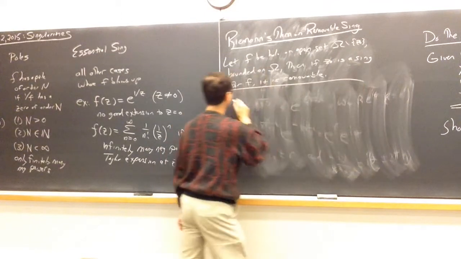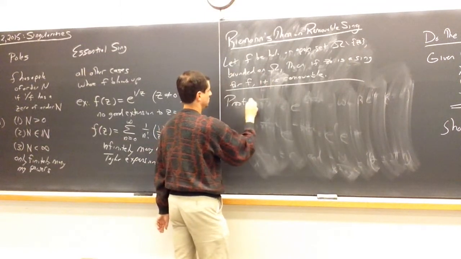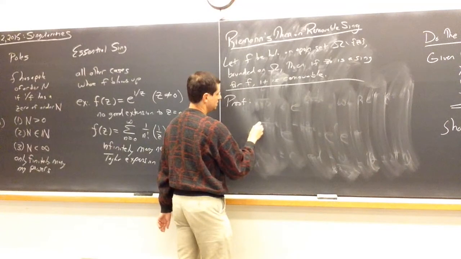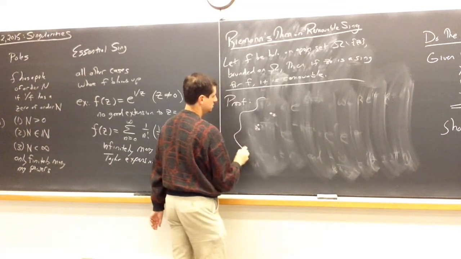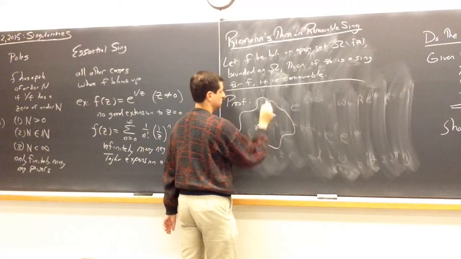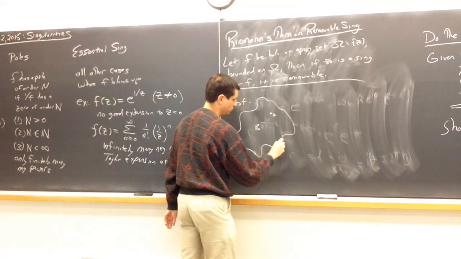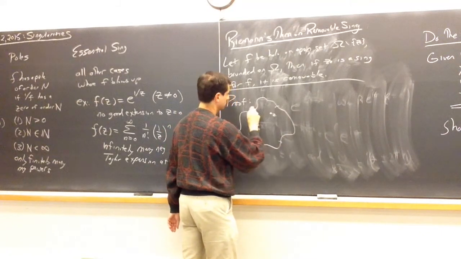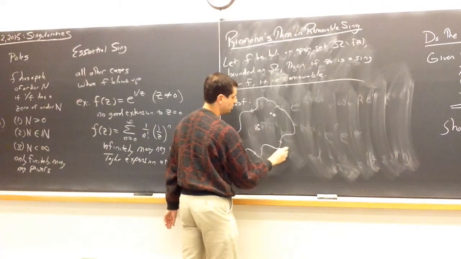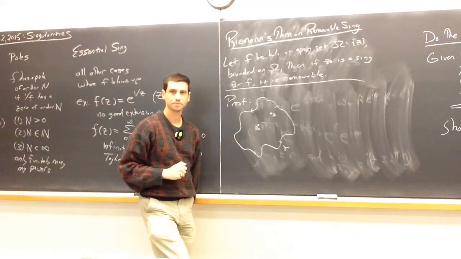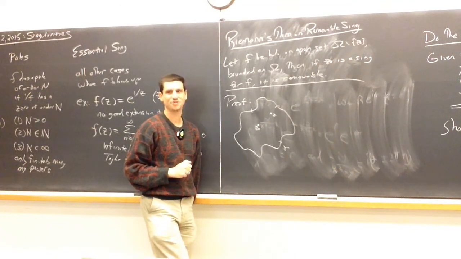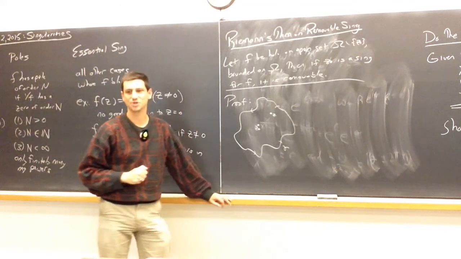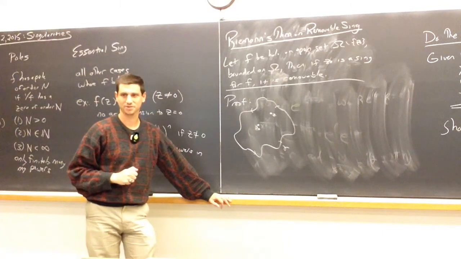Okay, so let's look at the proof. So let's say here's z naught, here's z. I'm going to do it a little bit more generally than in the book. And I'll take some closed curve gamma. All of our proofs look essentially the same. I take some closed curve gamma, I integrate over places where the function might blow up, and I see what happens.